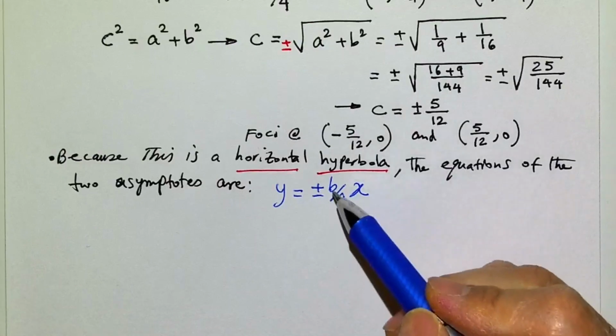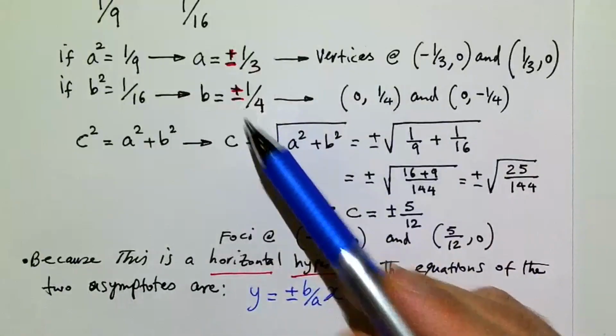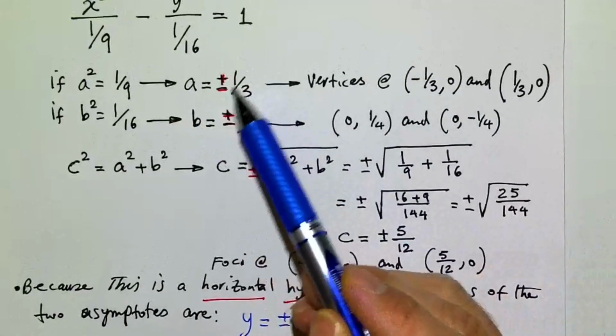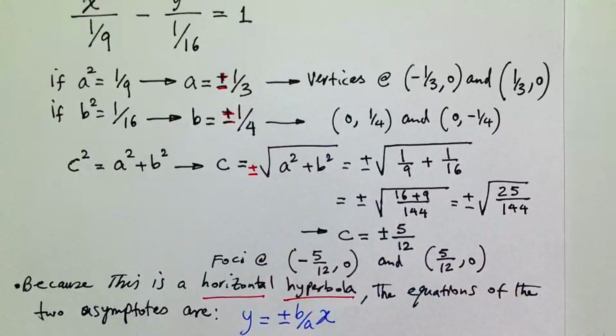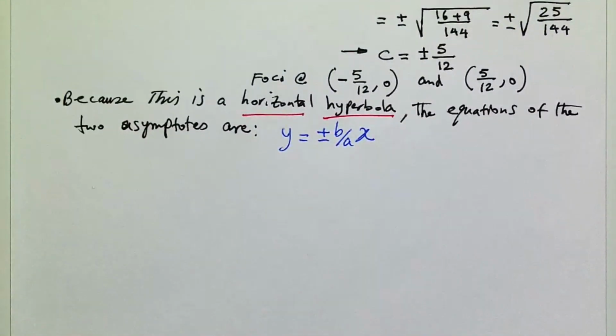Okay, and we know what b is. It's plus or minus 1 over 4. We know what a is, plus or minus 1 over 3, and we can easily calculate the equation of the asymptotes. So let's do that.